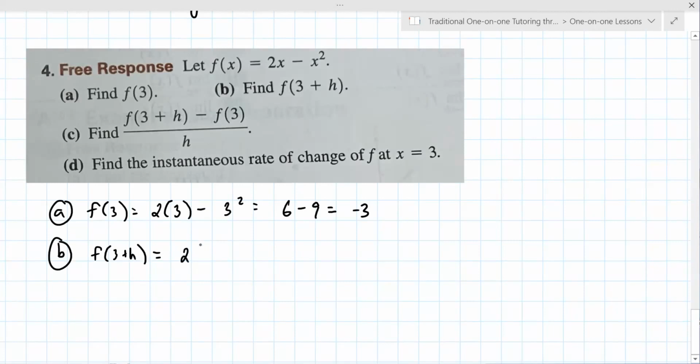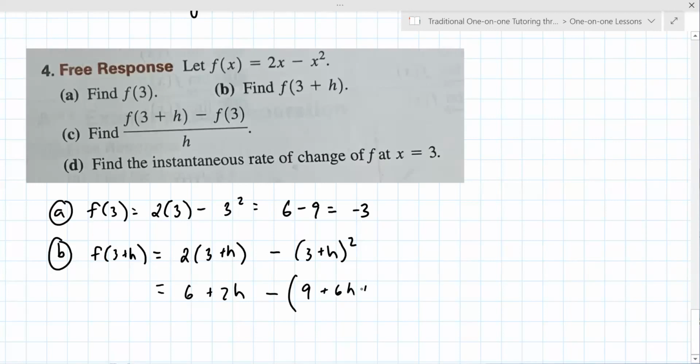Part B is f of 3 plus h. So that's 2 times 3 plus h minus 3 plus h squared. This requires a little more work. You have to distribute the 2 in, 6 plus 2h minus, and I'll do this in parentheses until I'm ready to distribute the negative in. It's 9 plus 6h plus h squared. I'll just remind you that a plus b squared is a squared plus 2ab plus b squared.